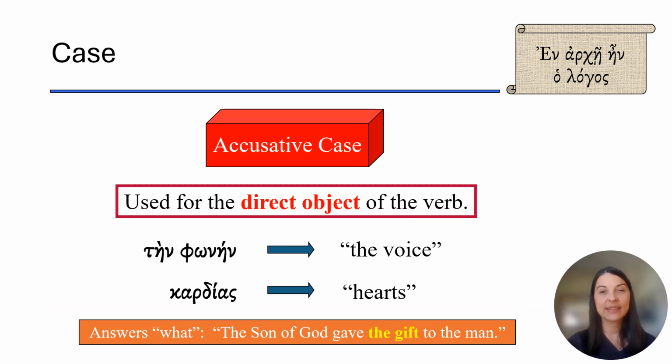And our last case is the accusative case. This is used for the direct object of the verb. So ten phonen is the voice and cardias is hearts. This looks very similar in the English to our nominative, but you'll know that it's the direct object by the change in how it's spelled.